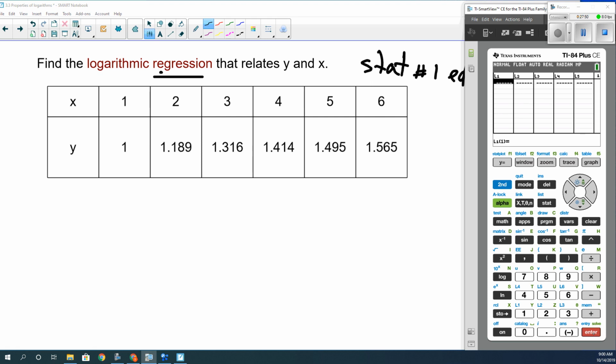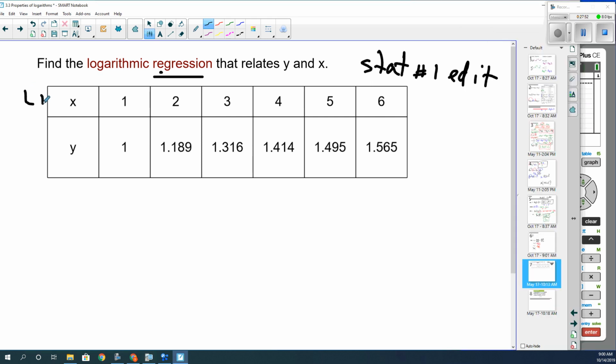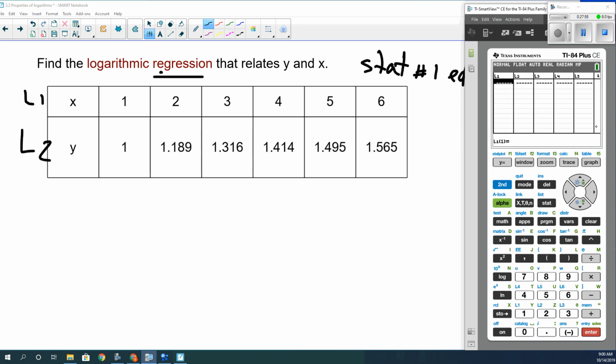Okay. So now under my list 1, I'm going to enter in my x values. Under L2, I'm going to enter in my y values.